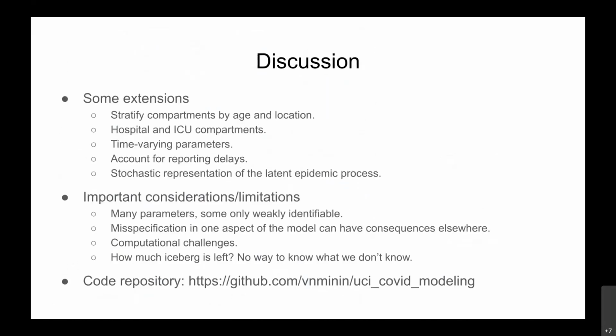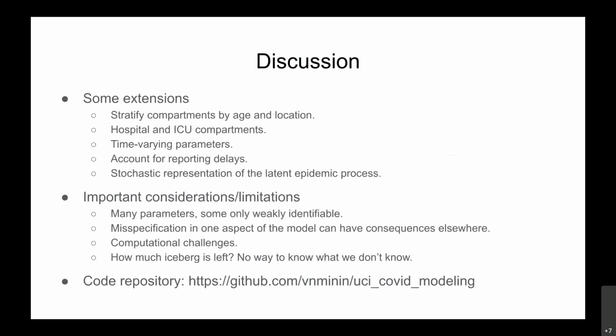And so there are some extensions that we're chasing down now. And I think also a lot of important limitations that need to be acknowledged. This is a complex model. Some of the parameters really are only weakly identifiable. And it becomes really important to lean on our epi collaborators and our collaborators who are hospitalists who could really shed light on the disease dynamics of COVID-19.